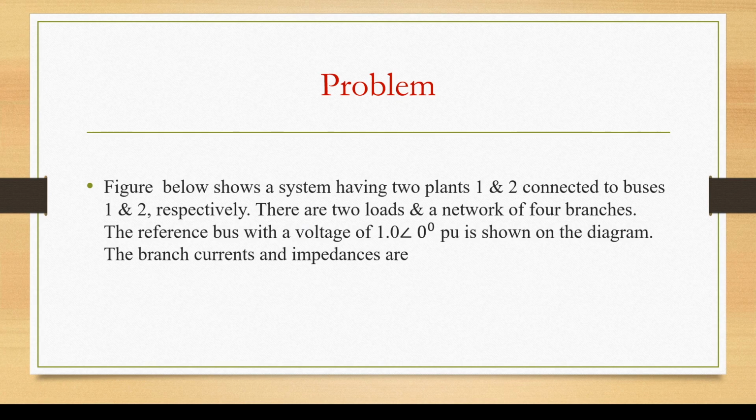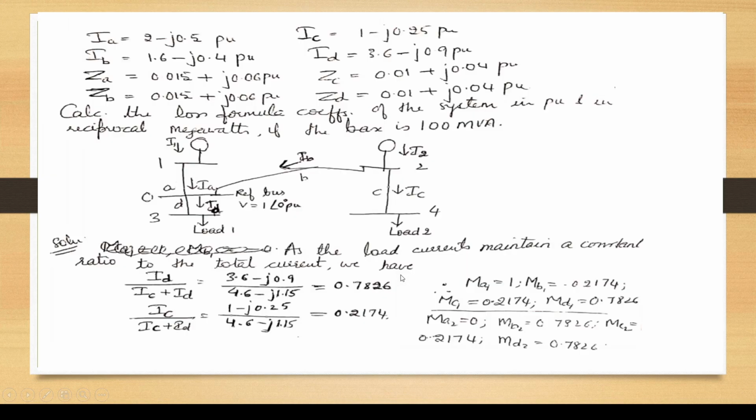The figure below shows a system having two plants 1 and 2 connected to buses 1 and 2 respectively. There are two loads and a network of 4 branches. The reference bus with a voltage of 1.0 angle 0 per unit is shown on the diagram. The branch currents and impedances are as follows.